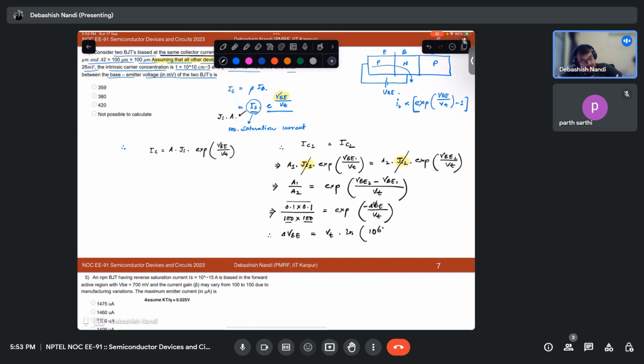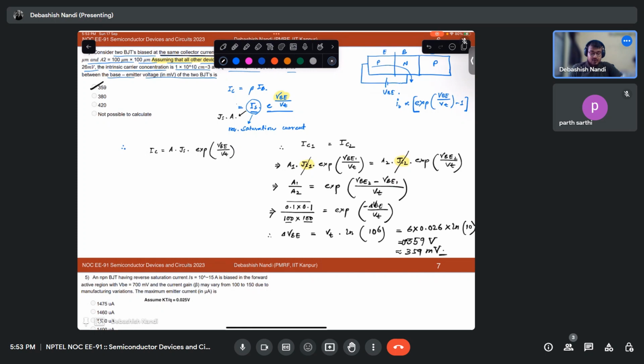So it will be 10 raised to 6. So it will be 6 times 0.026 times natural log of 10. If you compute, it will come out to be 0.359 volt or 359 millivolt.